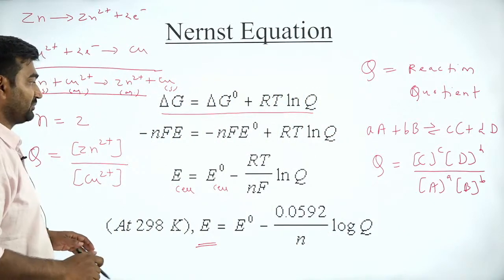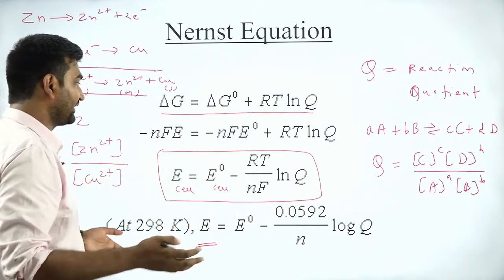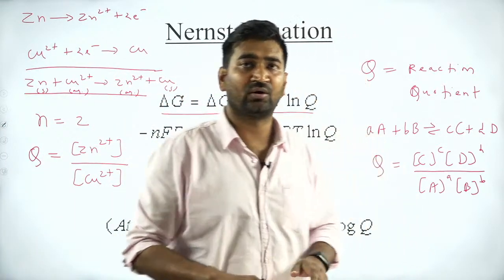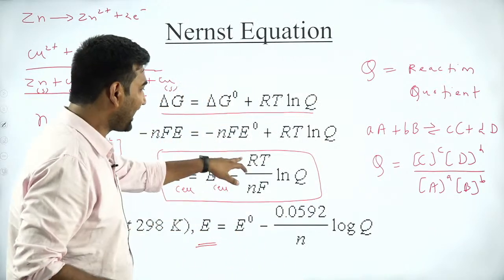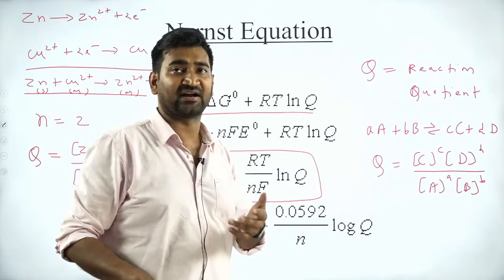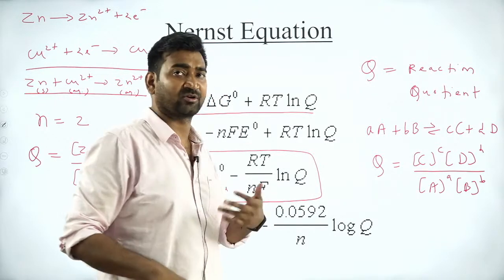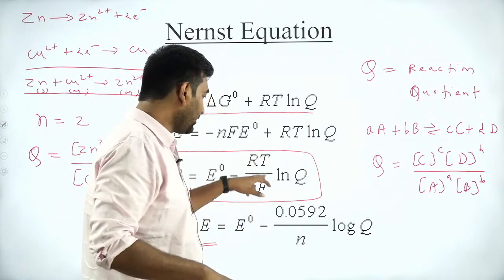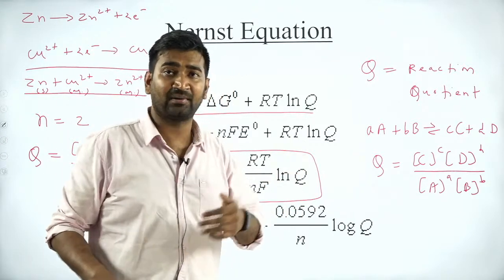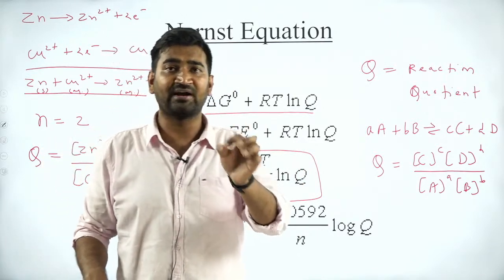Also remember that this equation is important, but many times they will give you the temperature. They will ask you at 298 Kelvin, 25 degrees Celsius. So after putting the value of R, the value of T, and the value of F, that is farads, 96500 as an approximate value, and also converting the natural log to the base 10 log, how do we convert natural log to base 10 log?